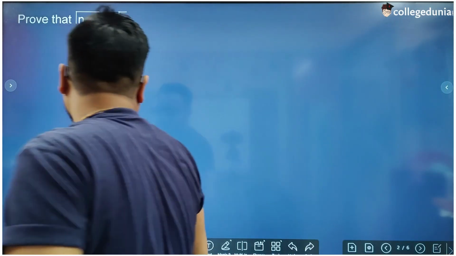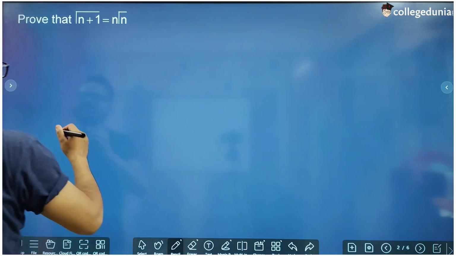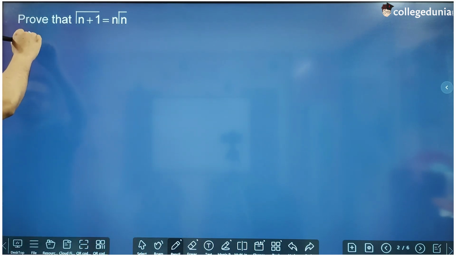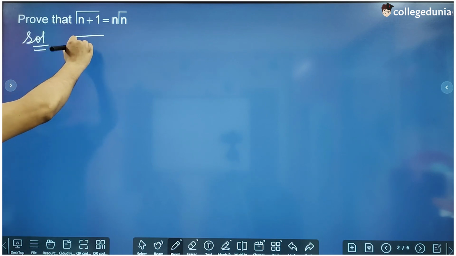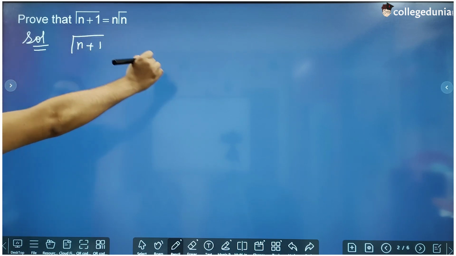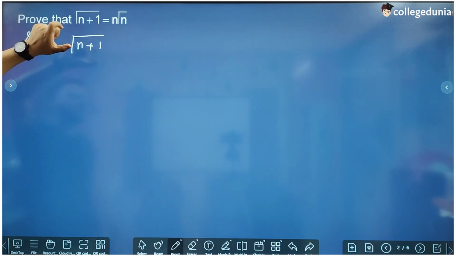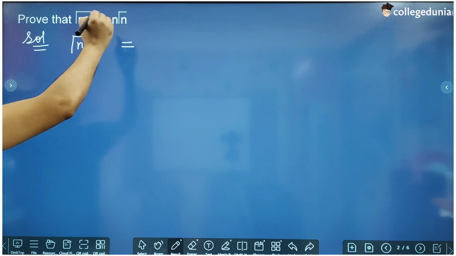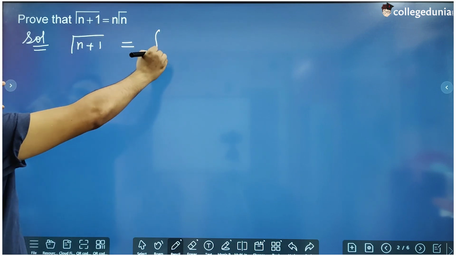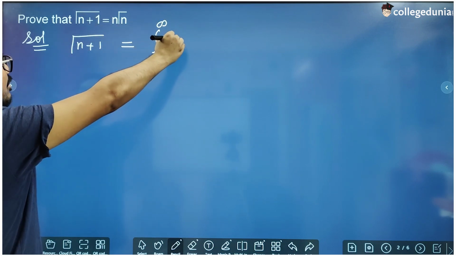Okay, this is another very important property in gamma functions. We will prove this property. We have to prove that gamma of n plus 1 is equal to n into gamma of n. How are we going to prove this? Now let's find the value of gamma n plus 1 according to the expansion of gamma function.